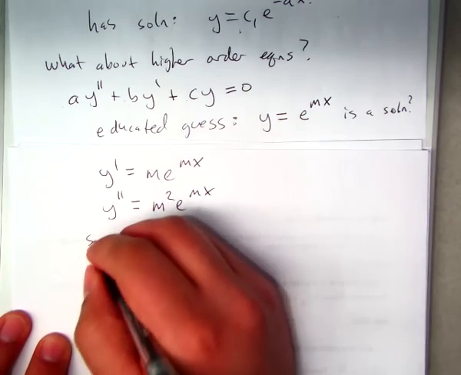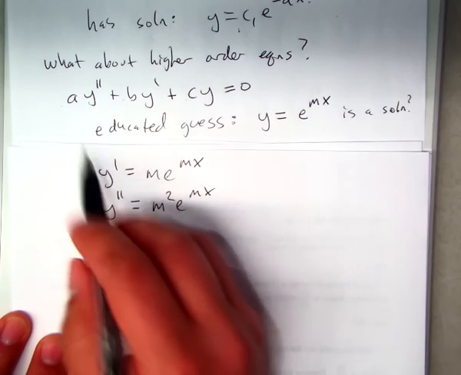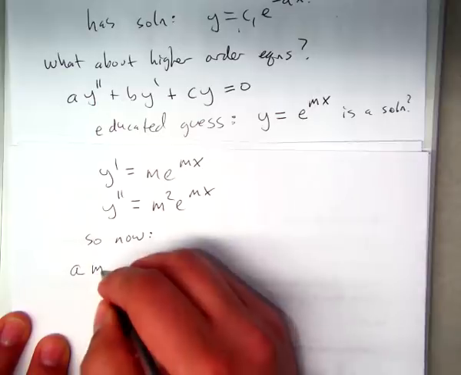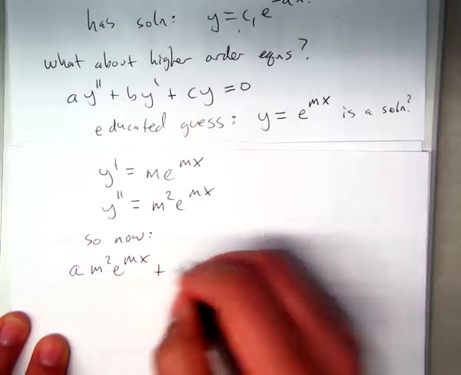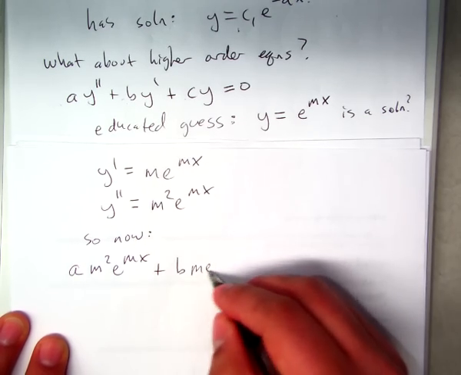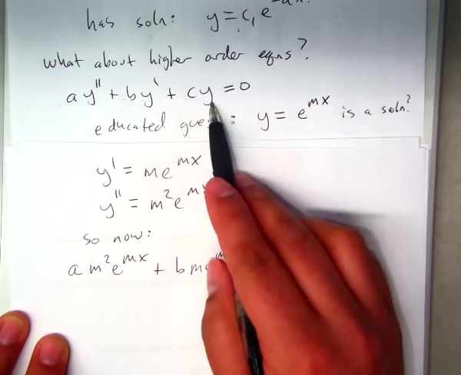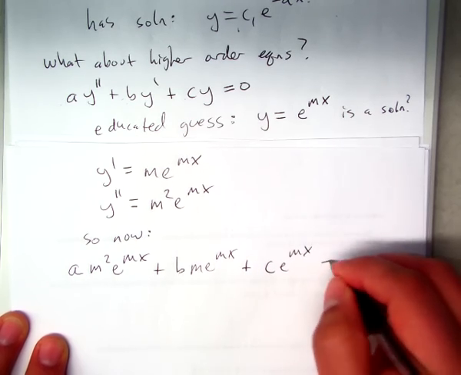So now when I plug this in, we're going to take a y double prime, which is now m squared e to the mx, plus b, plug in y prime, that's m e to the mx, plus c times y, which we're going with e to the mx, equal to 0.